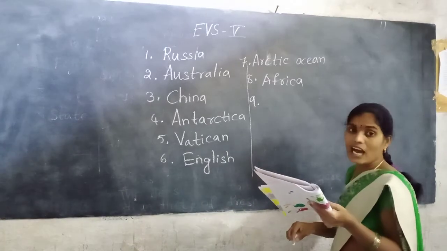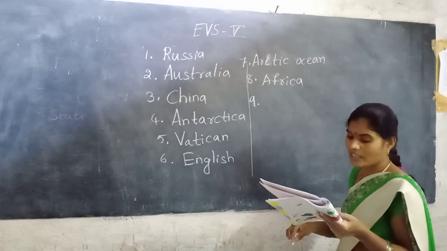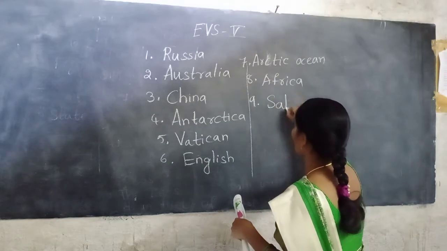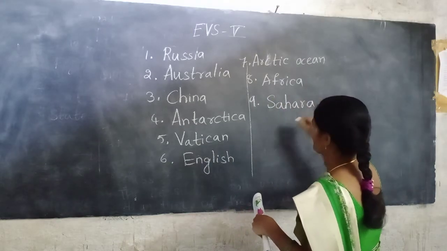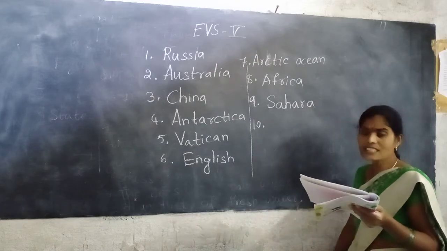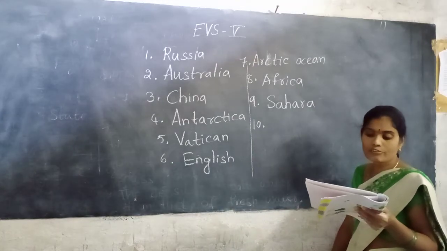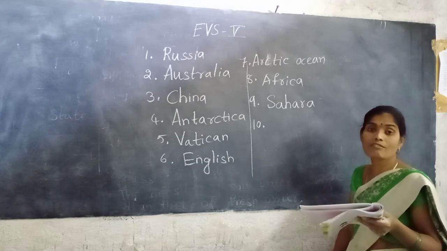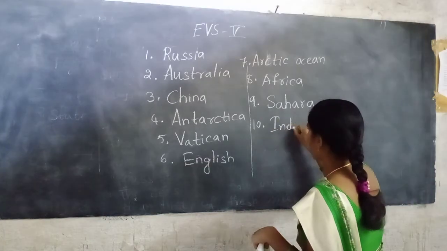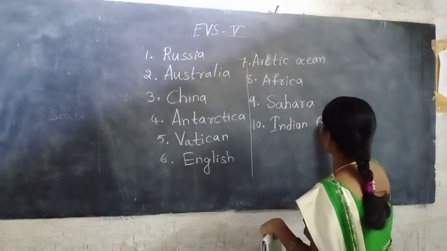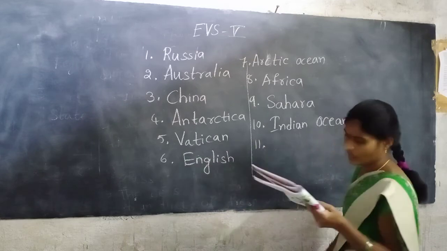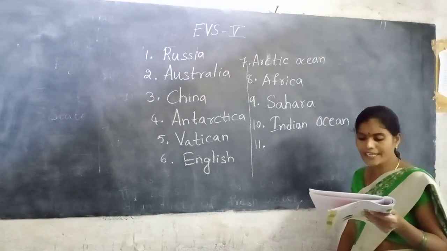The largest desert is Sahara Desert in Africa. Largest desert is Sahara. The warmest ocean is Indian Ocean. Warmest ocean is Indian Ocean.